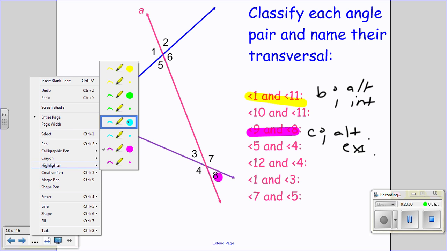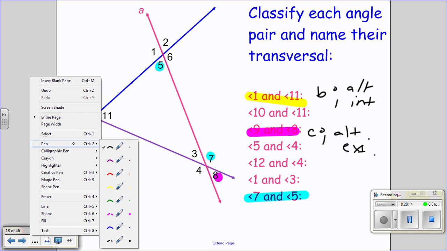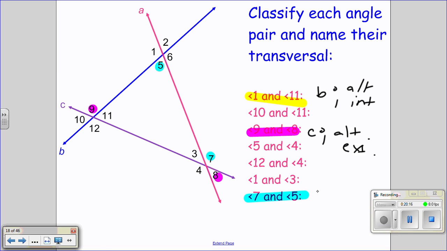All right, and I'll do numbers 7 and 5. So here's 5 and here's 7. The line that connects 5 with 7 is line A. So that's the transversal. And 5 and 7 are on different sides of the transversal.